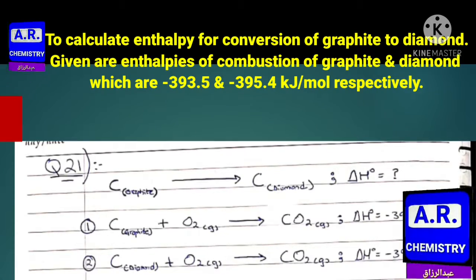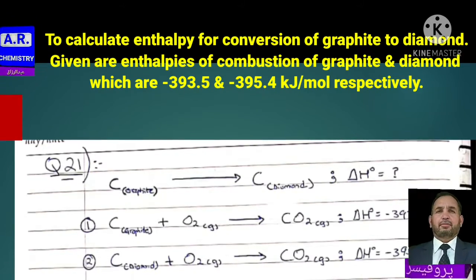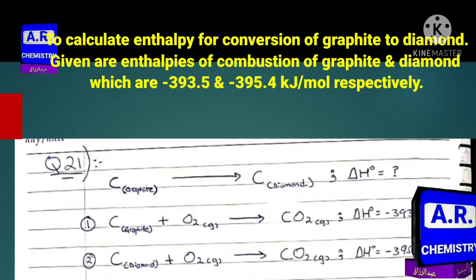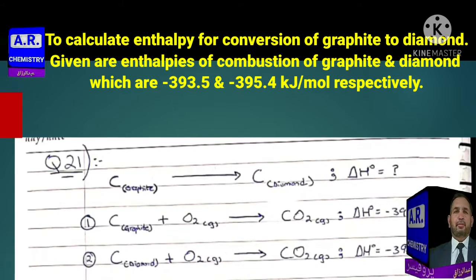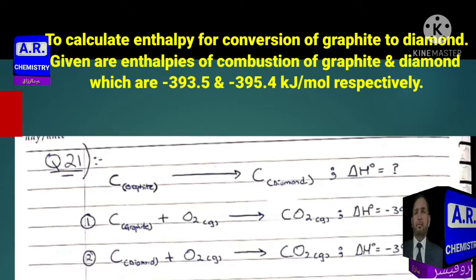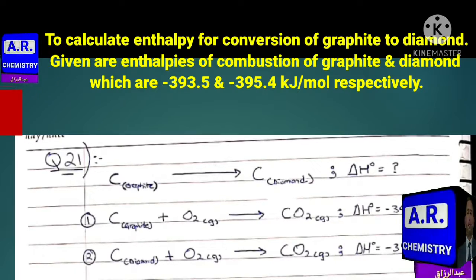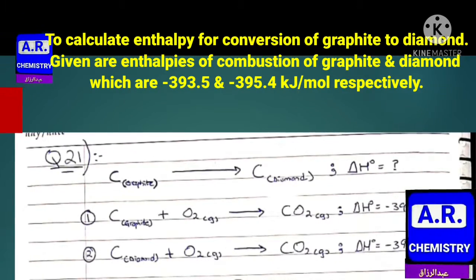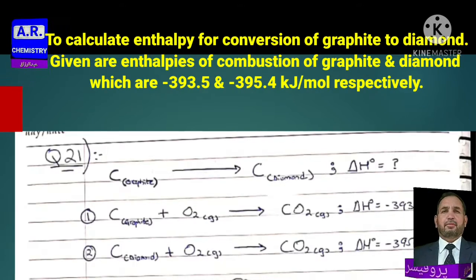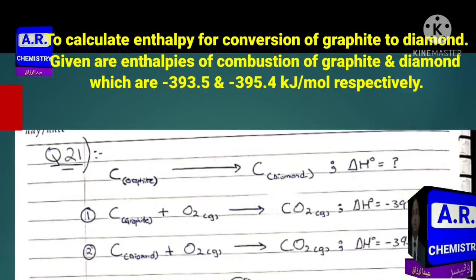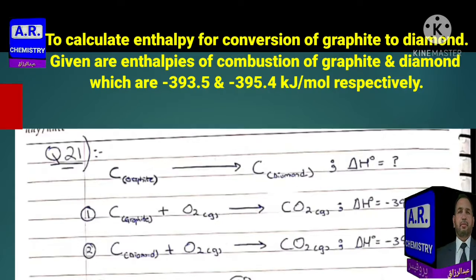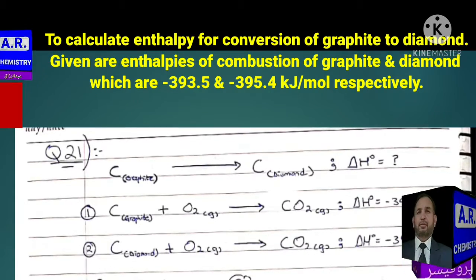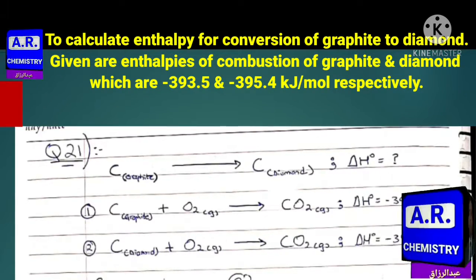In the question, heats of combustion of graphite and diamond at 25 degrees centigrade and 1 atm pressure are given, which are minus 393.5 kilojoules for graphite and minus 395.4 kilojoules for diamond.